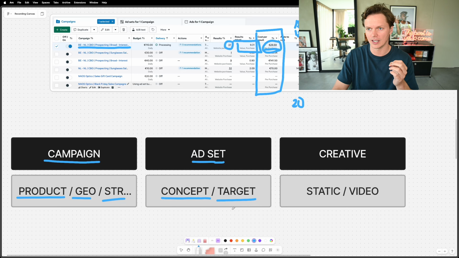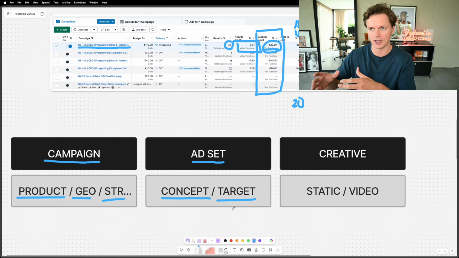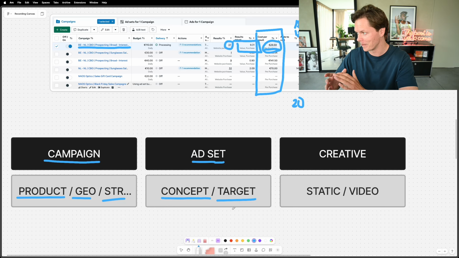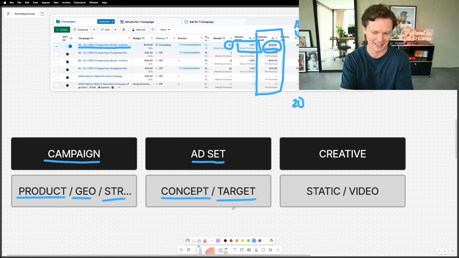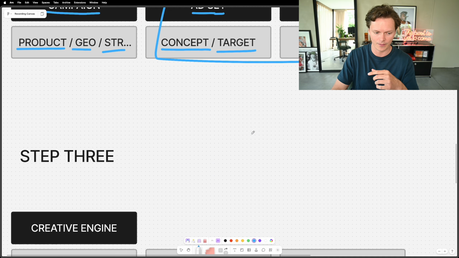If you have a target audience, a prospecting audience for people interested in plants, that's going to be one ad set. If you have a target audience in the same location interested in, I was going to say trees and clothing, for example, that's going to be another ad set. And then your creatives, you have basically statics and videos. This is going to be an important concept moving forward, but I'm going to explain it right now.